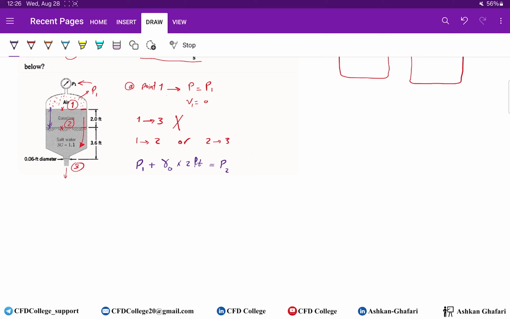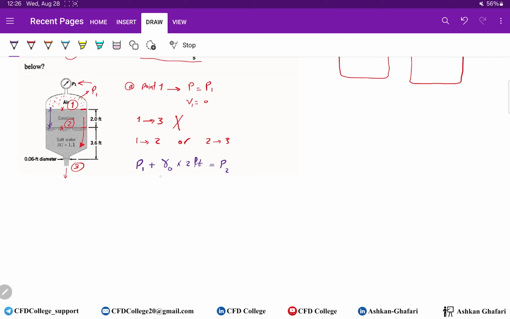Okay, so I hope I could explain it in a way that you understand what I want to say. Since the level of the interfaces don't change, they are constant, we can use this one.